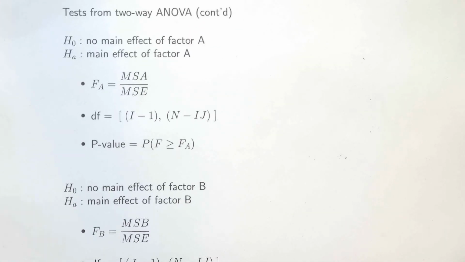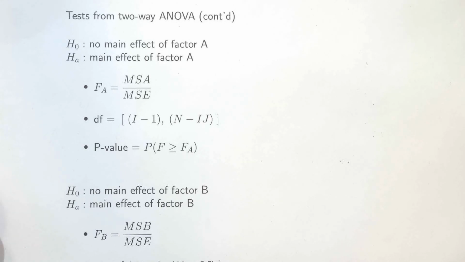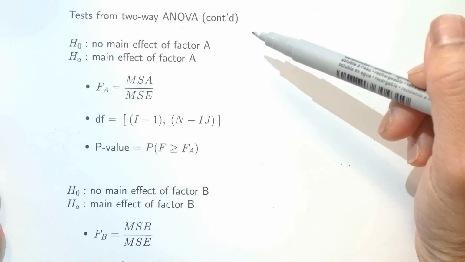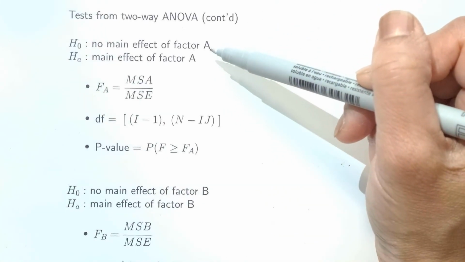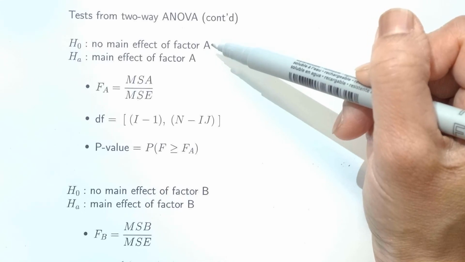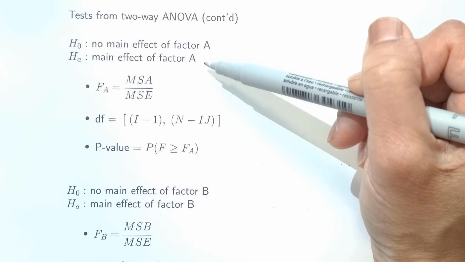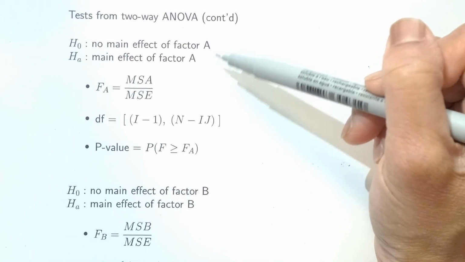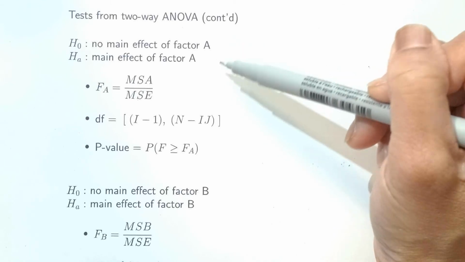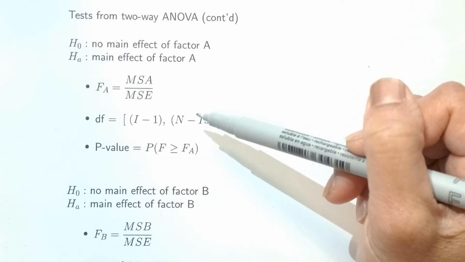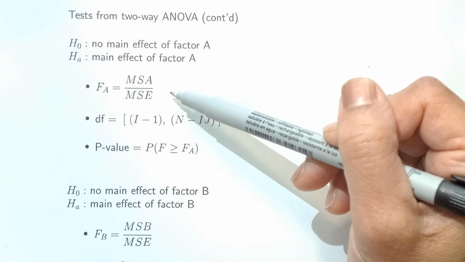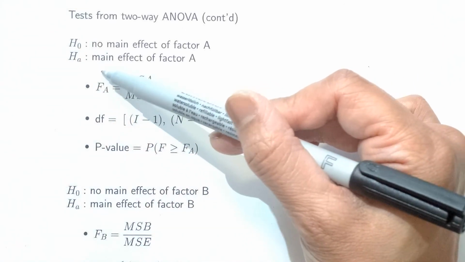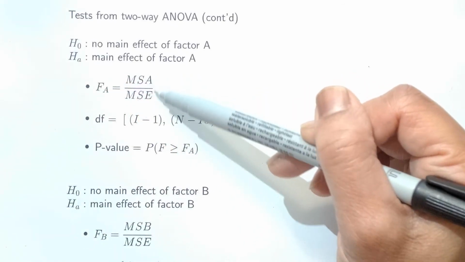So if we are looking at the main effects, there are two different ones we can do. So there's looking at the null hypothesis of no main effect of factor A versus the alternative that there is a main effect. Again, you can think of this as somewhat associated with the two-sided test. And here we have that our F sub A, because we're doing the test statistic for A, is the ratio of the mean squares.